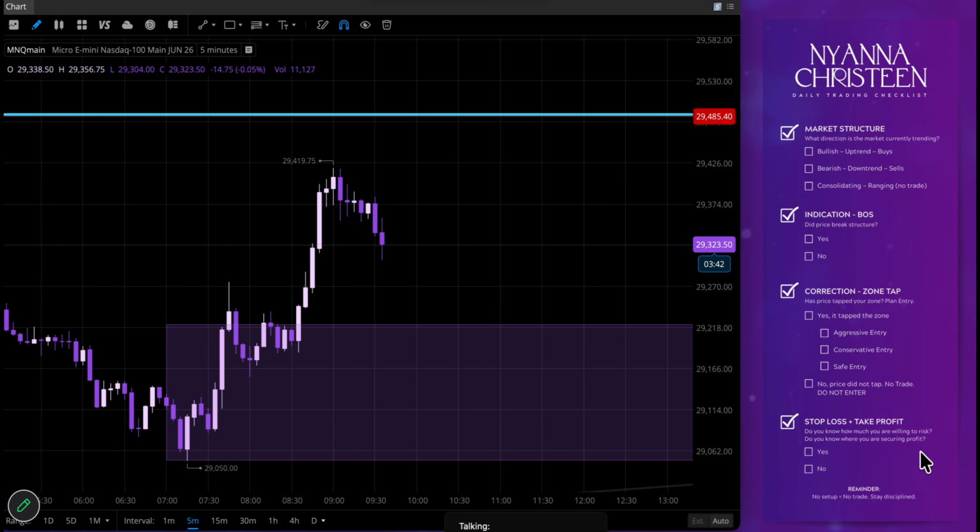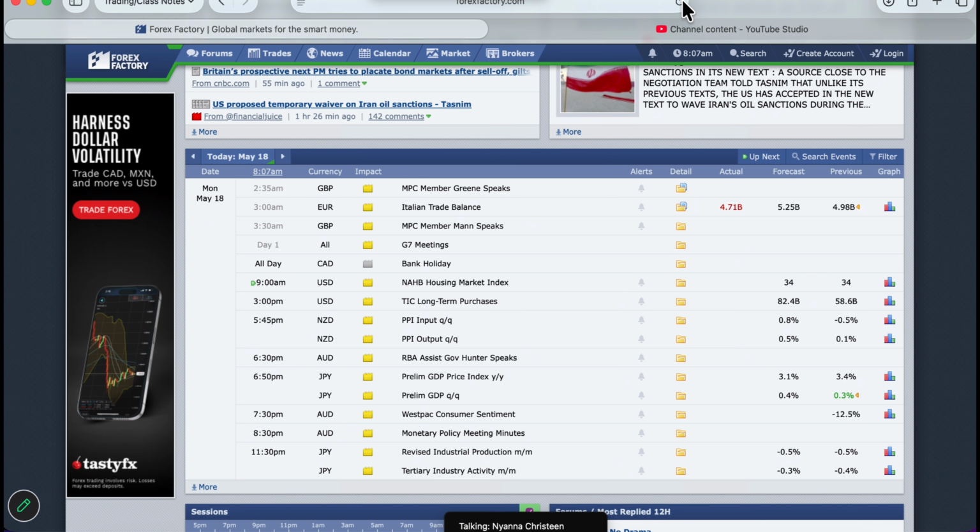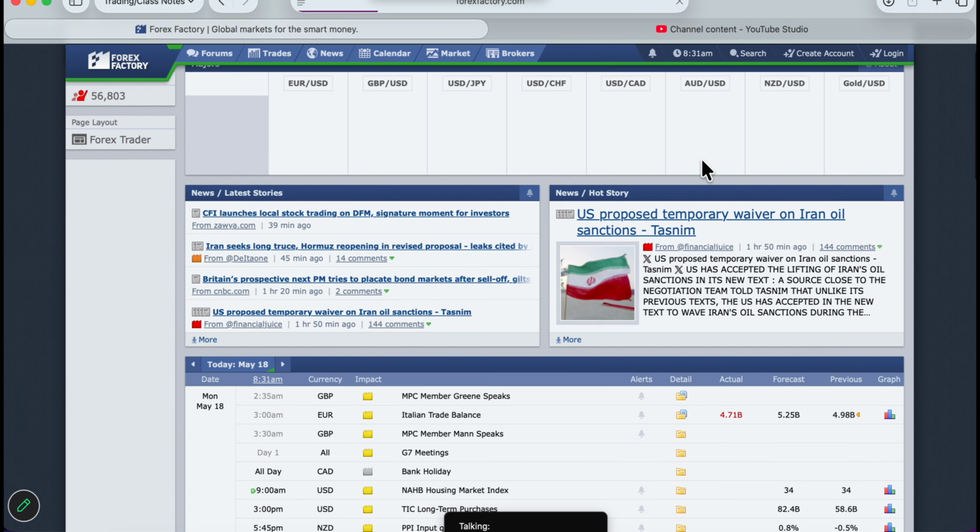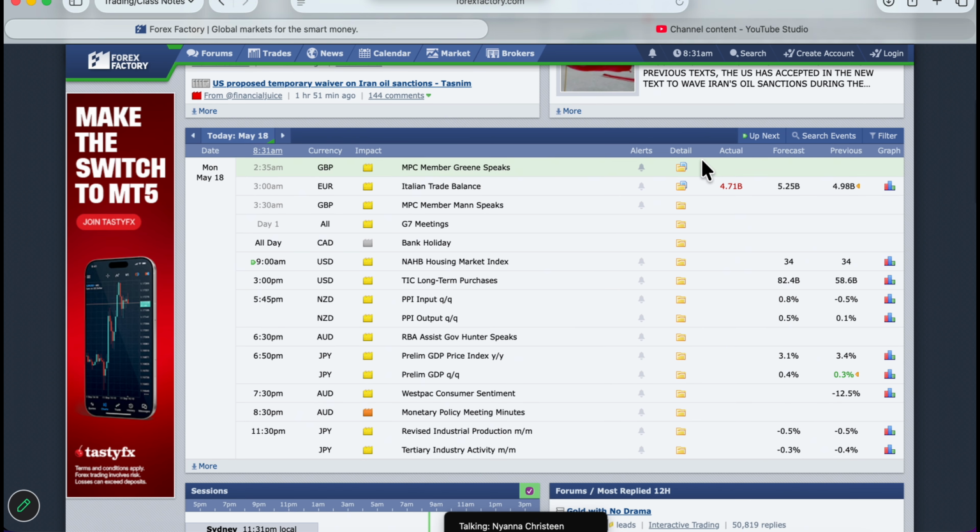Let's see. I don't think there's any news. No, there isn't. I use this to check the news, and I look for red folders around the time that I will be trading. So if there's no red folders, then we're good. If you see any other colors, it's fine, it's not really affecting the market.